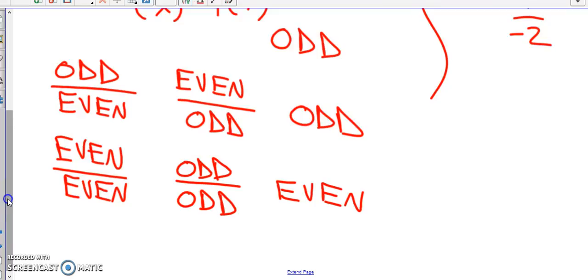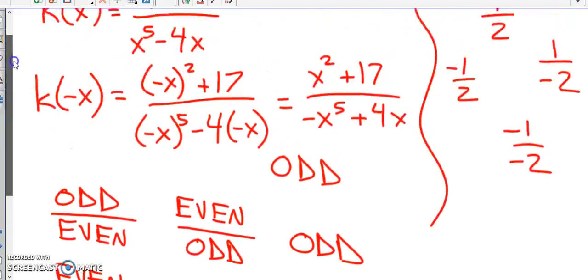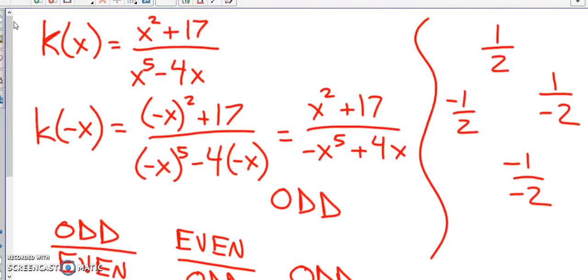And then I always get asked, well, Mr. Walsh, then what would make it neither? If either the numerator or the denominator were neither, then the whole thing would be neither. So if I had x squared plus 17x, the numerator would have been neither even nor odd, so the whole fraction would have been neither even nor odd. Make sense? All right.